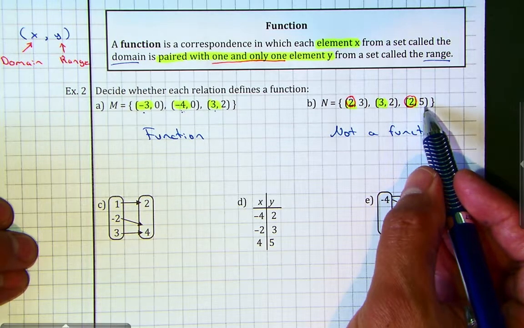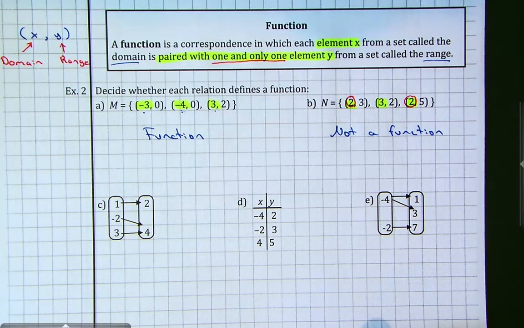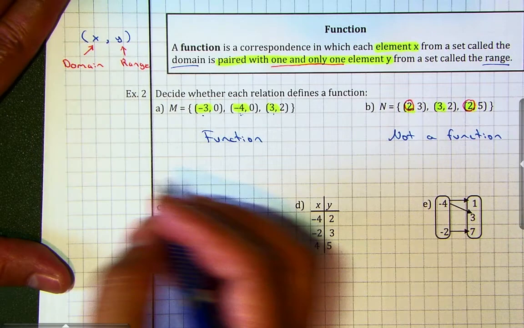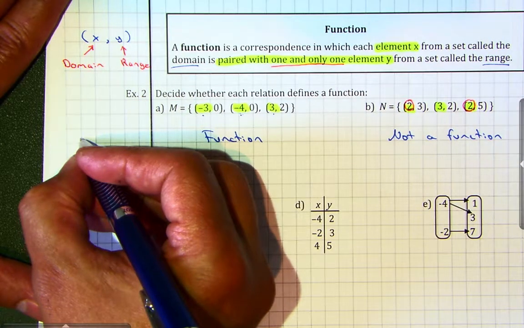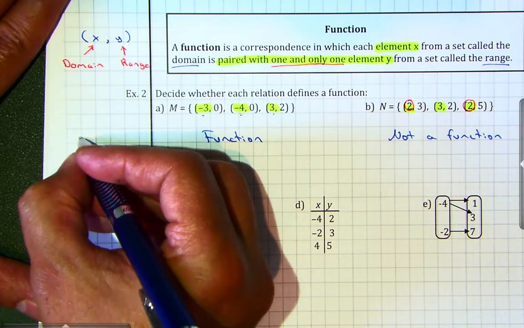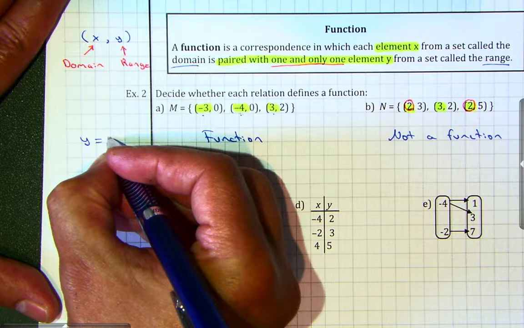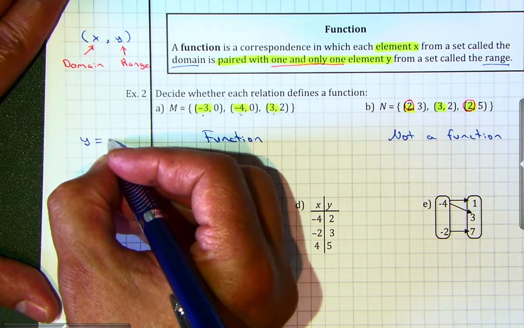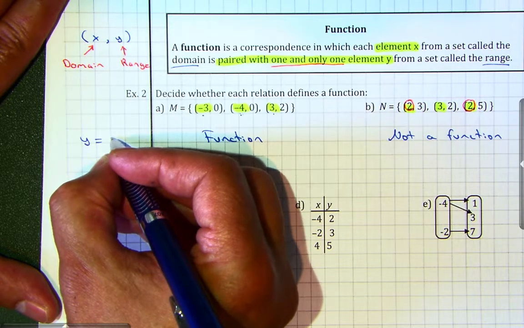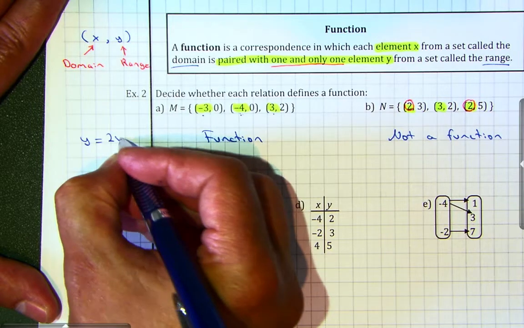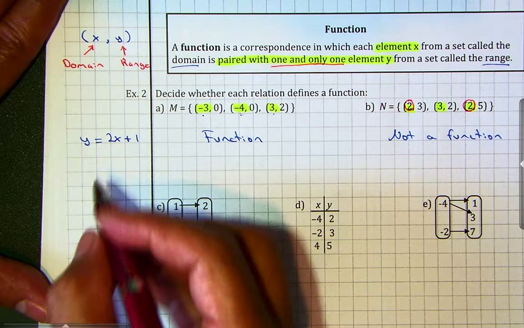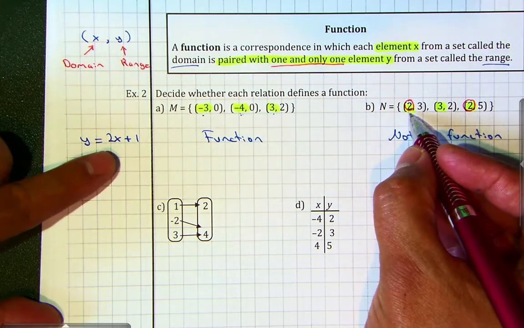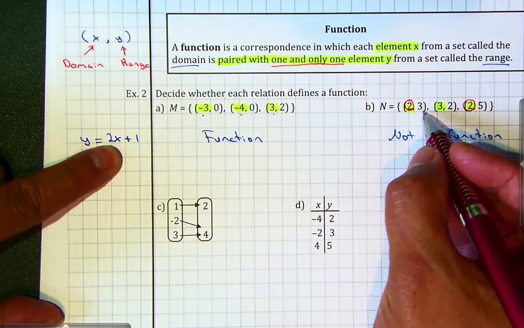So the example that I usually use when I teach Algebra 1 is that if I'm going to just make up an equation, y equals 2x plus 1. You cannot plug in a 2 and get a 3 the first time.